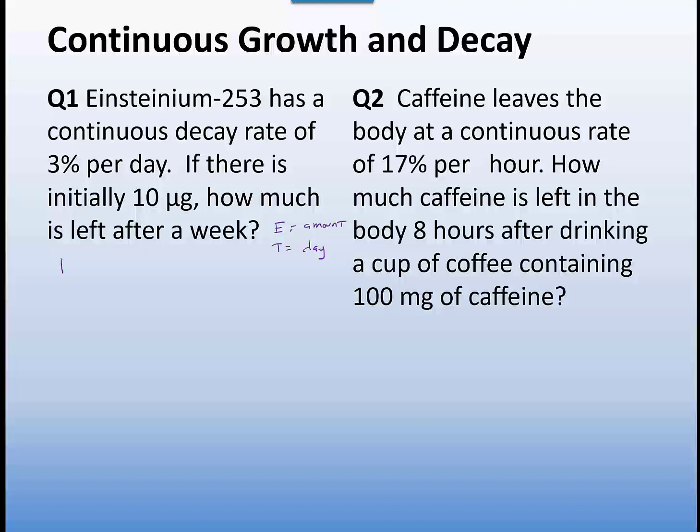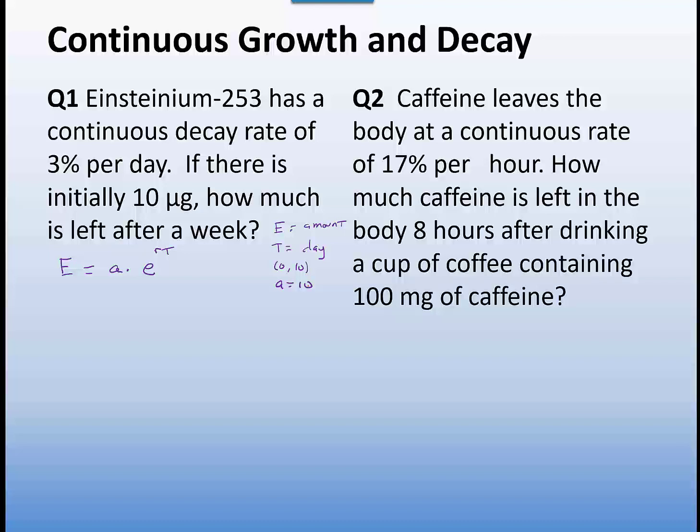But this time I'm going to use the continuous growth model, A times e to the rt power. Okay, now let's pull out some information here. The starting value at 0 time, we had 10 micrograms. So we have A equals 10.